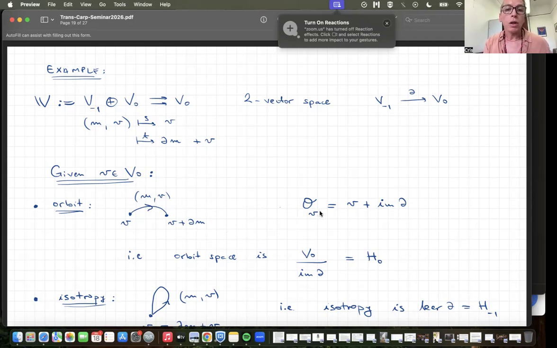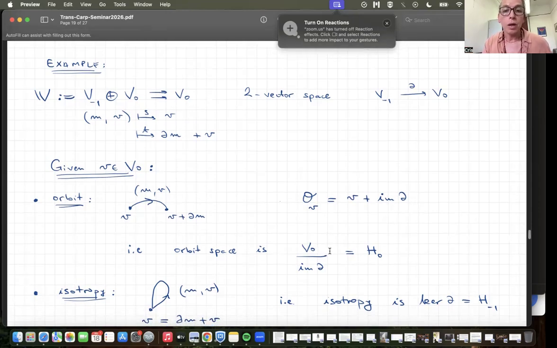So the orbit of an object v is v plus the image of ∂. So it's the equivalence class obtained by taking the quotient by the image. In other words, the cohomology in degree 0 of this complex, which is given by the cokernel of ∂, describes precisely the orbit space of this groupoid.